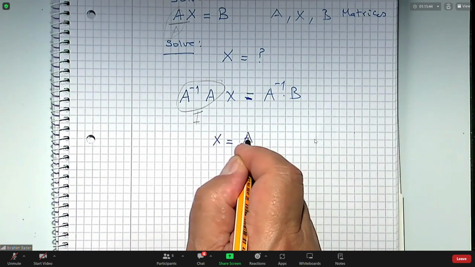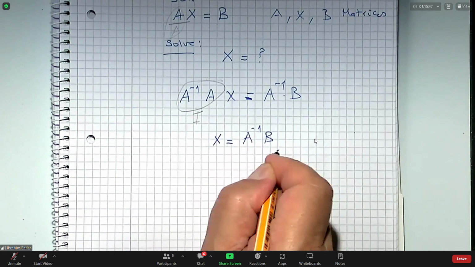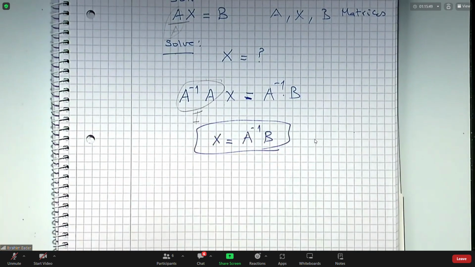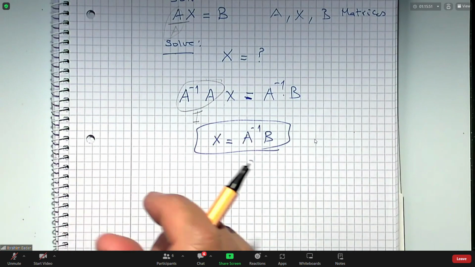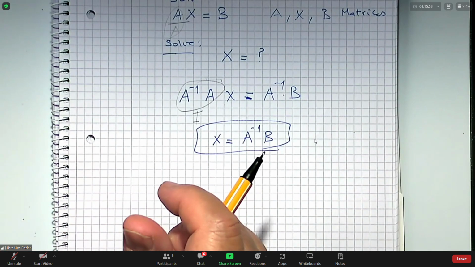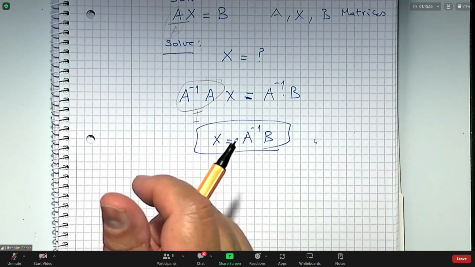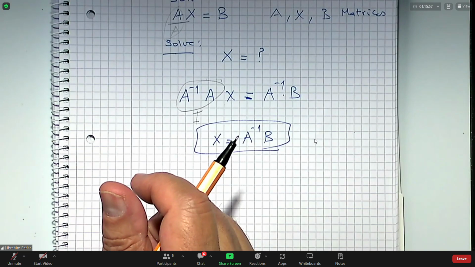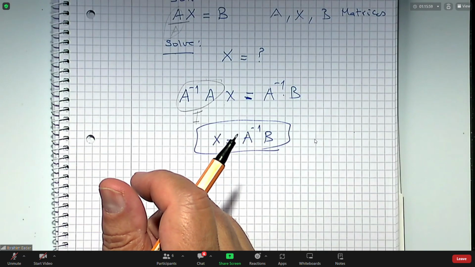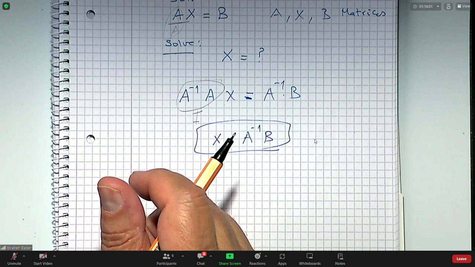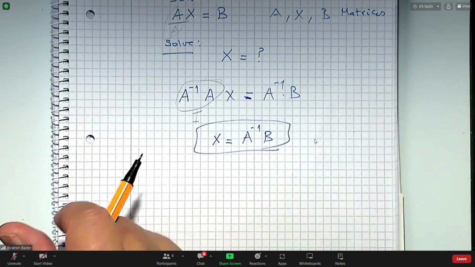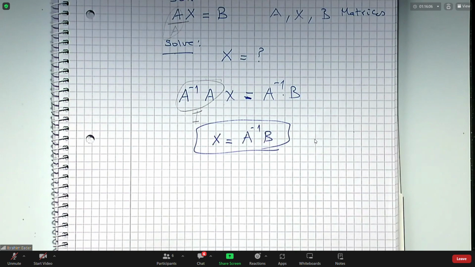So this is going to solve the linear system for me if I know the inverse of the coefficients matrix. So that's why this is a way to solve the linear system.